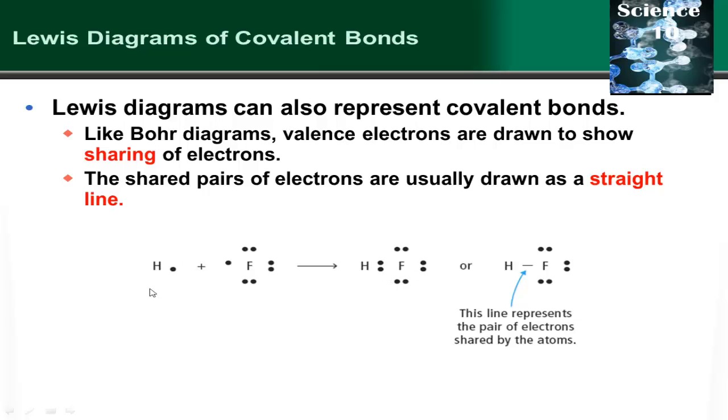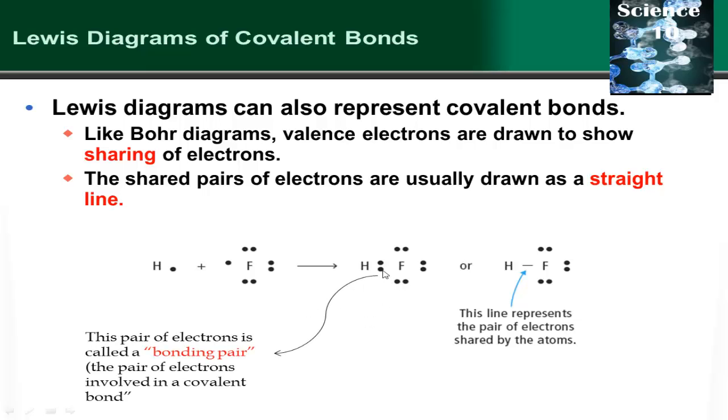And again, always start with the Lewis diagram of each individual atom, hydrogen, fluorine, and then you can show the sharing of electrons between hydrogen and fluorine with a straight bond. This would be called a bonding pair, right?